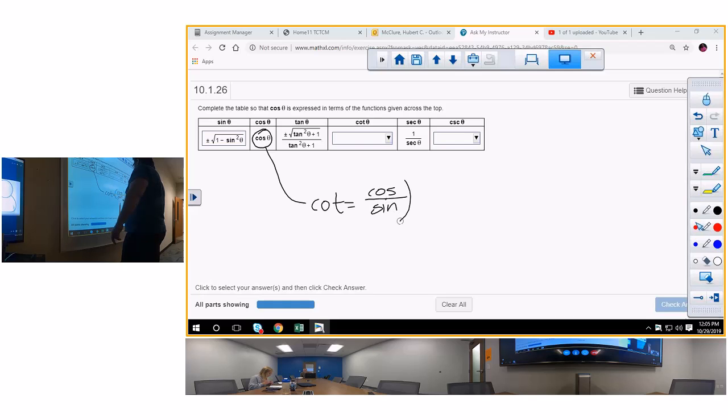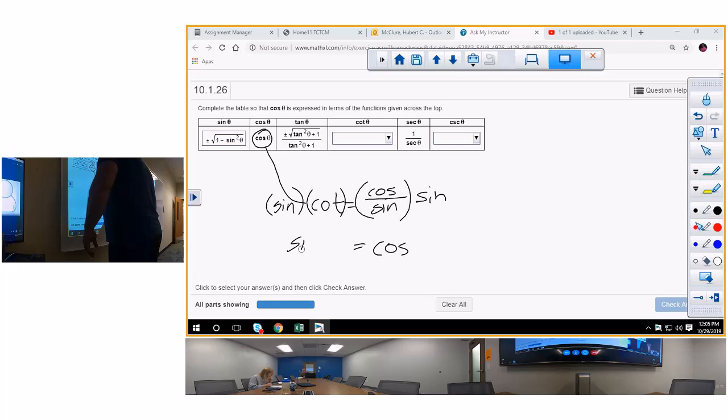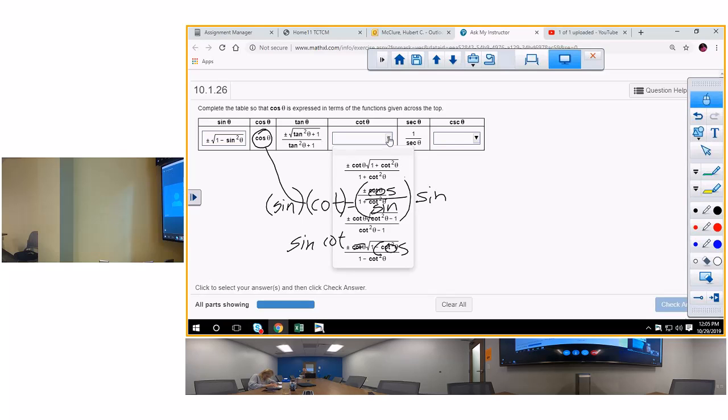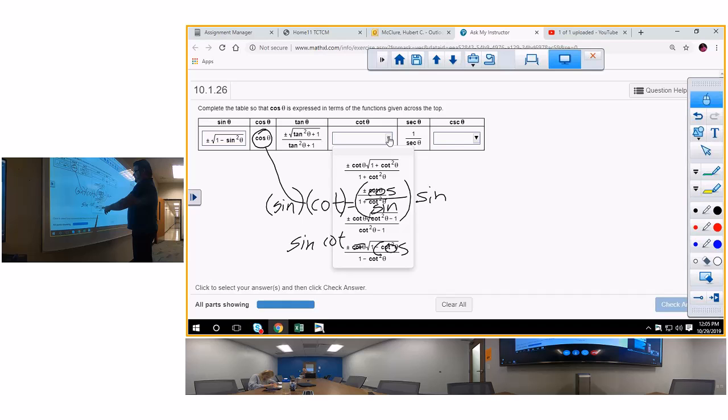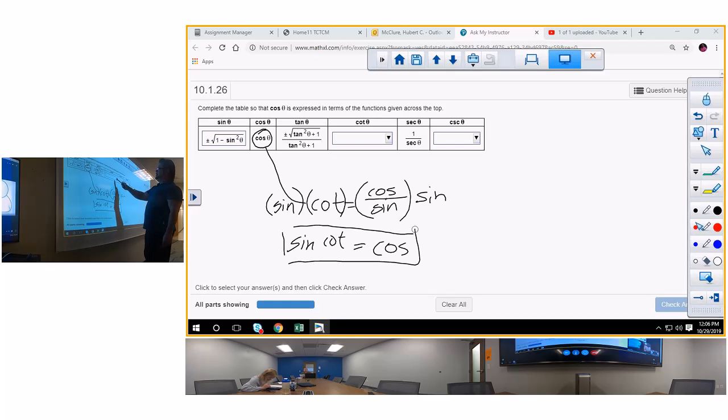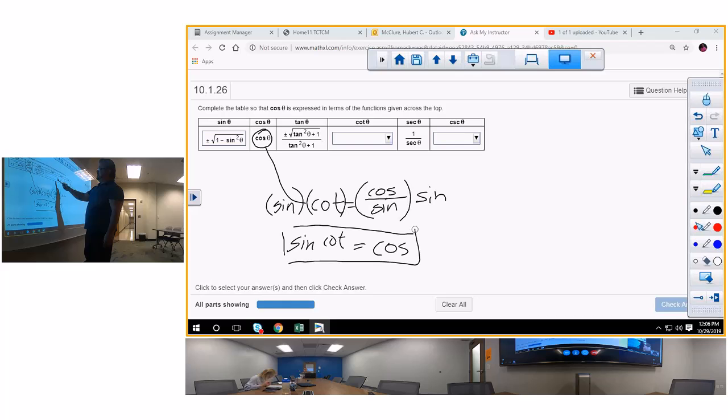Sine. So if I want the cosine by itself, then I can rewrite cosine as the sine times cotangent. Well, most of your answers on this problem are not written like that. They're written as quotients. You see that? All of those are written as quotients, right? This is not a quotient right here. So you say, well heck, most of those answers were in quotient form. That's not going to help me.